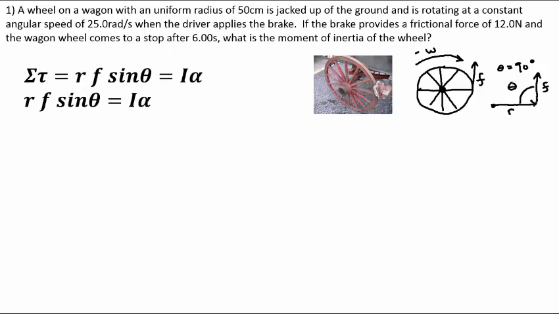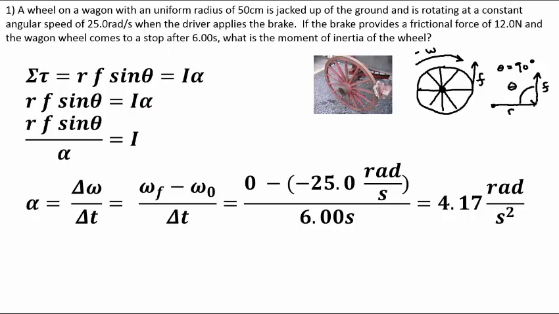Now, the sum of our torques is also equal to the moment of inertia times the angular acceleration. Now in this problem, remember, we're looking for the moment of inertia of this wheel. So we'll go ahead and solve for that. And we're left on the bottom of our equation with a rotational acceleration.